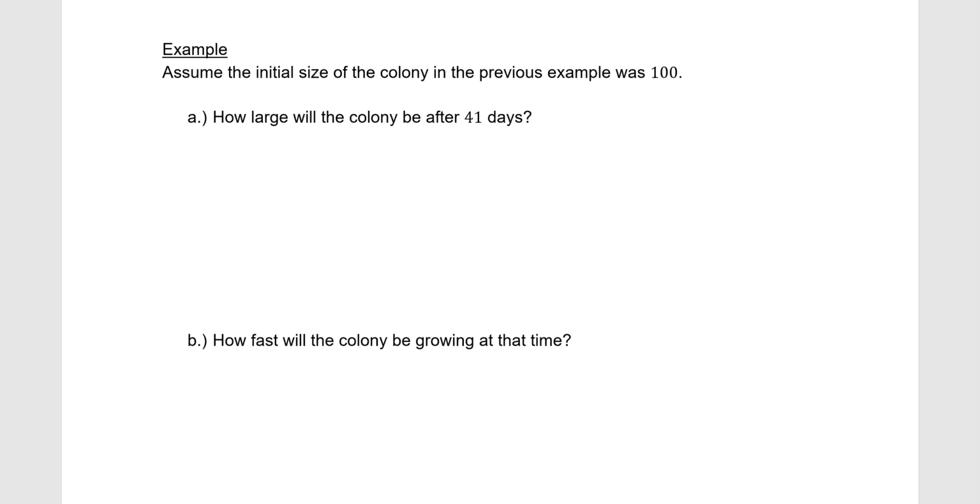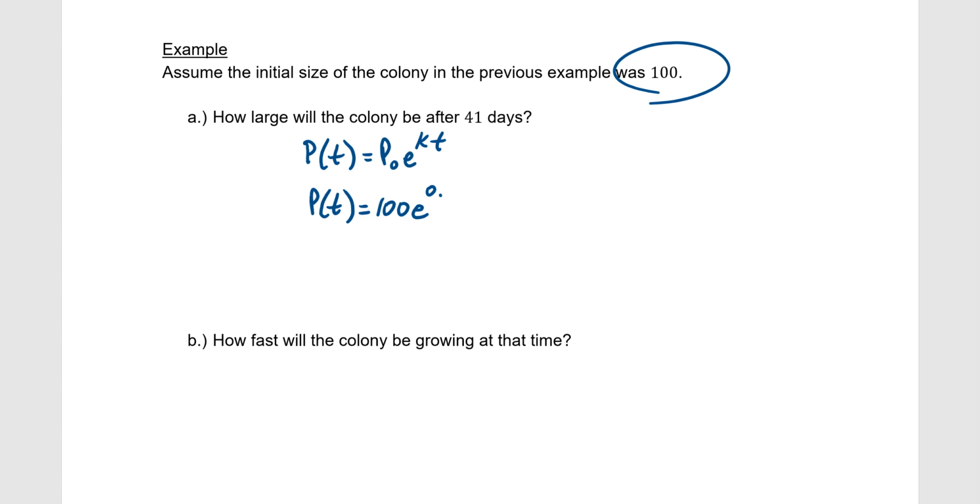So we could actually write down the function for that, P of t equals P naught times e to the kt. It says to assume the initial size was 100, so that's P naught. And we found that k was 0.077. So here is our function, here's our model.